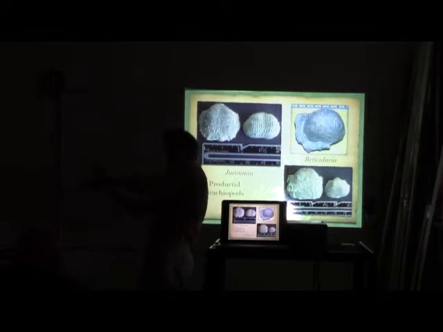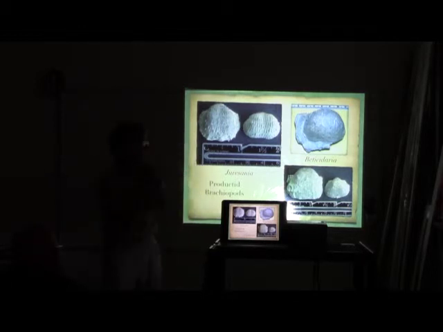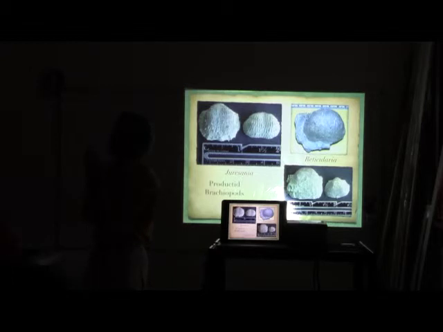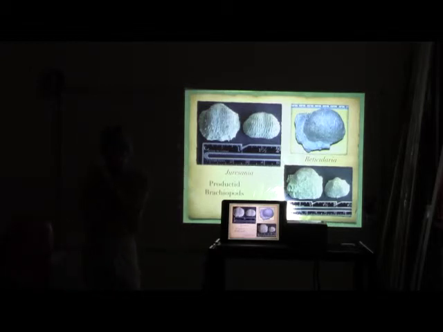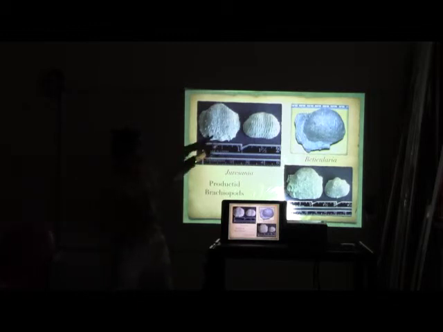And then the top shell would be on the top. These were the dominant organisms living on the seafloor at this time. Very, very common. In particular, these kinds of brachiopods were very common.